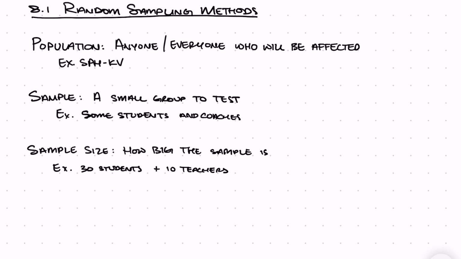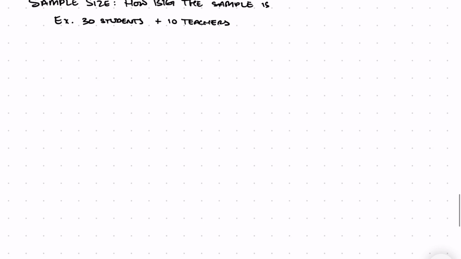All right, so now I'm going to scroll this. Now, in a sample, you would want things to be random. Okay, and this means that we don't know who we will choose.